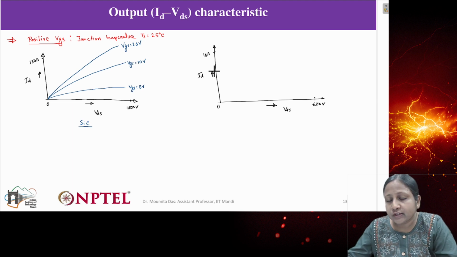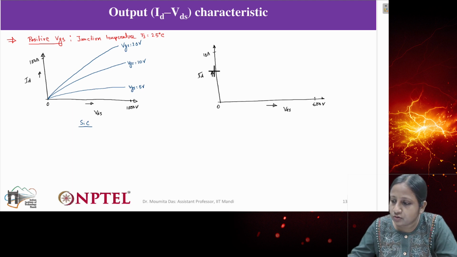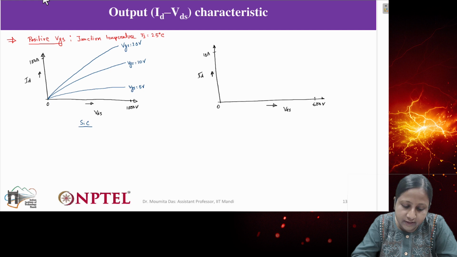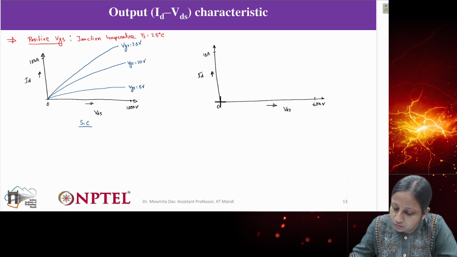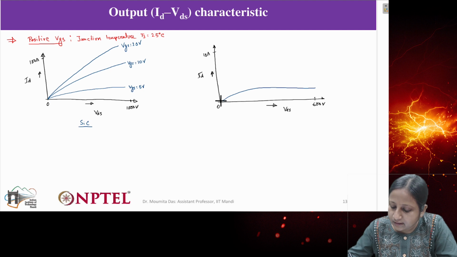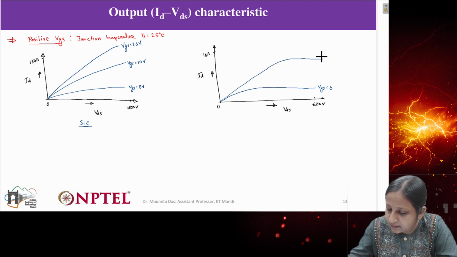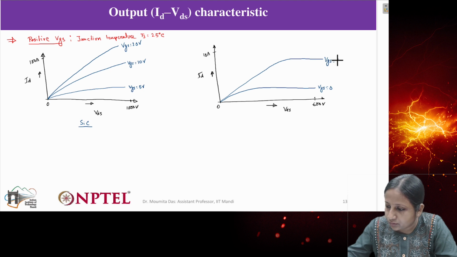Now the gate to source voltage for GaN is different, so VGS will also be different. So let's say after this reaches steady state, here VGS equals 0. Similarly we can provide VGS equal to 2.